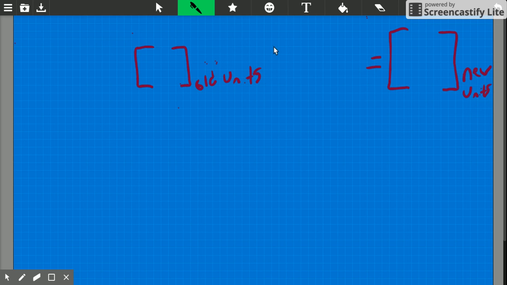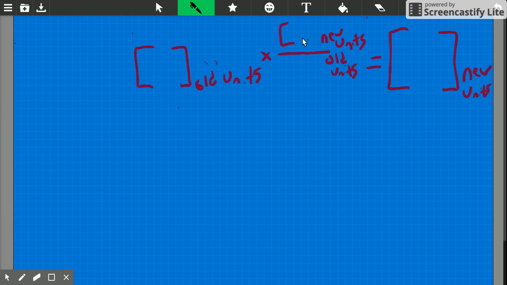All right. The way to go about this is to use dimensional analysis and the known fact that units cancel just like algebraic variables. So what we want to do is multiply by a number that has new units in the numerator and old units in the denominator.